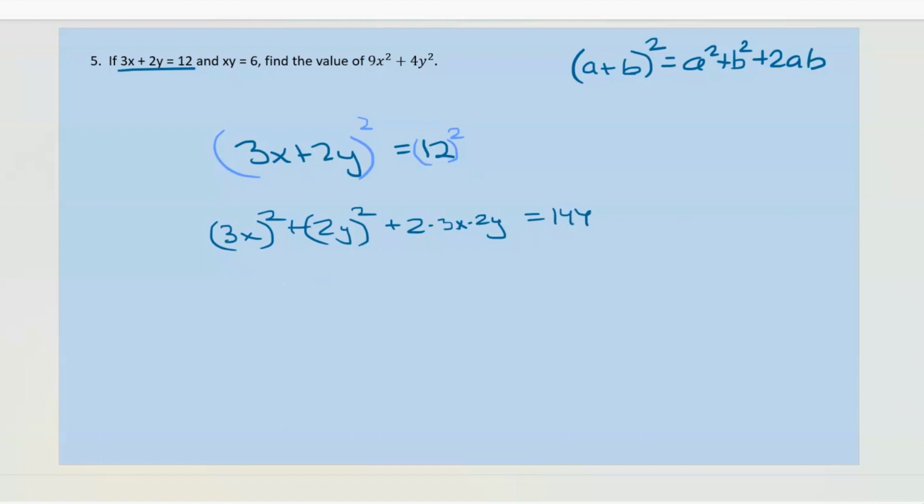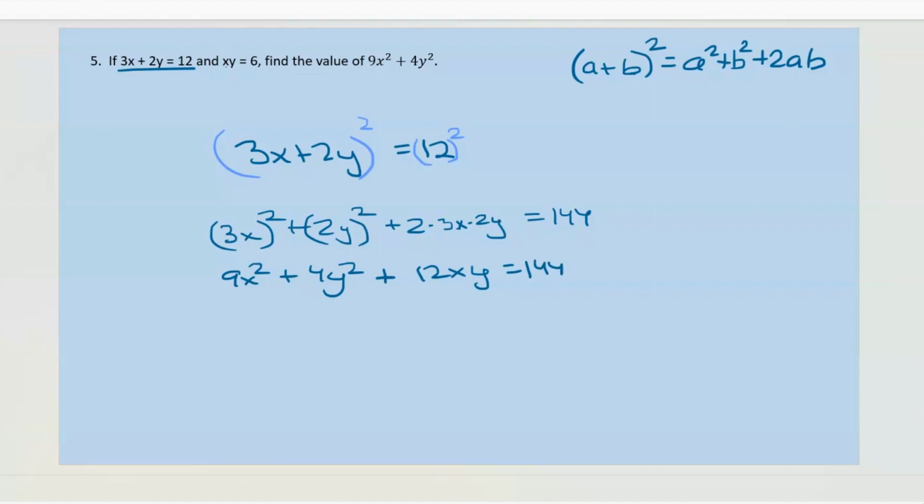So 3 squared is going to be 9, and then x squared plus 2 squared is 4, and then y squared plus 2 times 3 is 6, 6 times 2 is 12, and then xy equals 144.